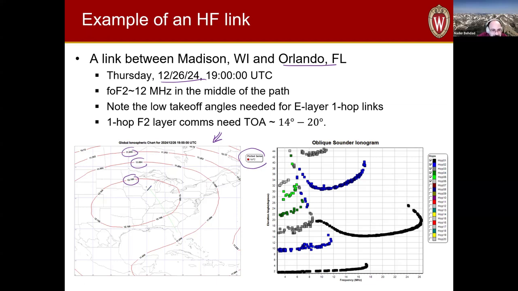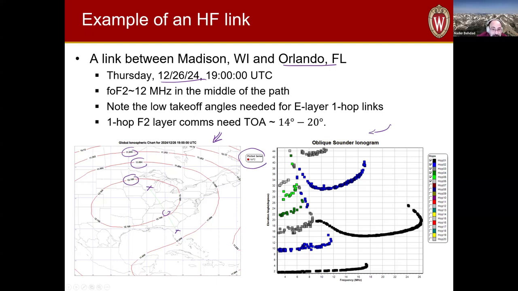So this is Madison, Wisconsin. This is Orlando, Florida. The distance is slightly above 1,000 miles or so, and midway between the path, somewhere here, maybe in Tennessee or so, our plasma frequency is approximately 12 megahertz or so. And so you can do a modeling of a communication link between these 2 regions, and you can generate ionograms like this.